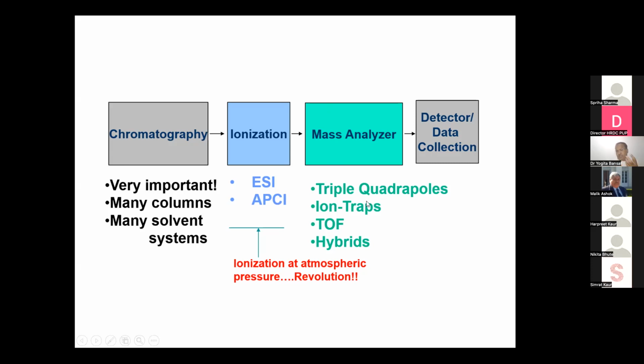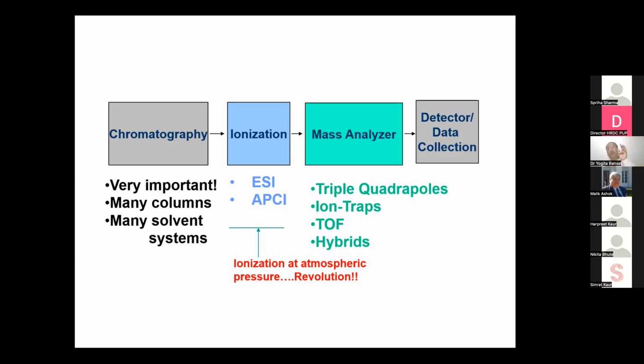These are the most generally used nowadays, but traditionally we used magnetic sector and double focusing mass analyzers. Those analyzers are used when we want to record the simple mass fragmentation of a pure compound.